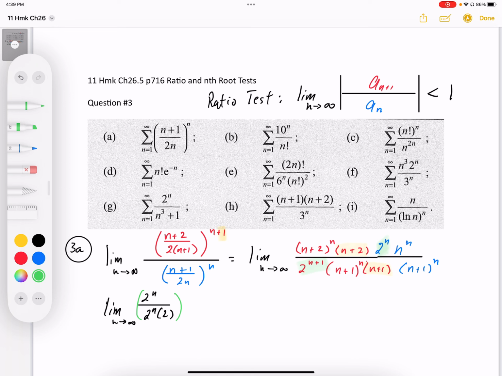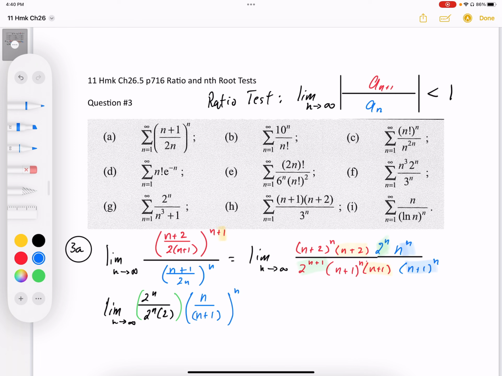We can group together, it looks like we have some comparable powers, so we might run out of colors here, but do these in blue, these two in blue. Okay, so we're going to group those together, and I'm going to end up with n to the n over n plus 1 to the n. Okay, and then because those are common n powers, we can just put them on the outside as power n like that.